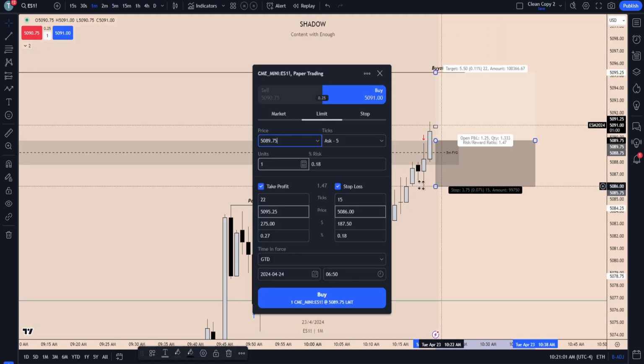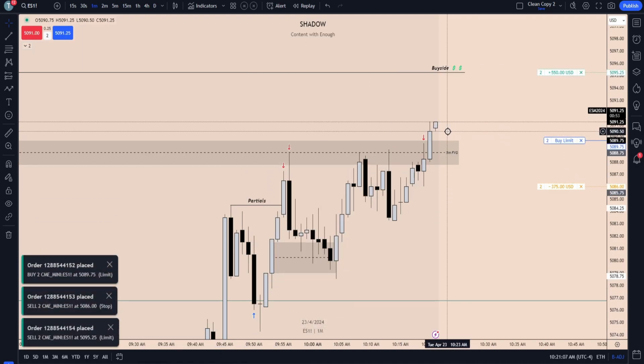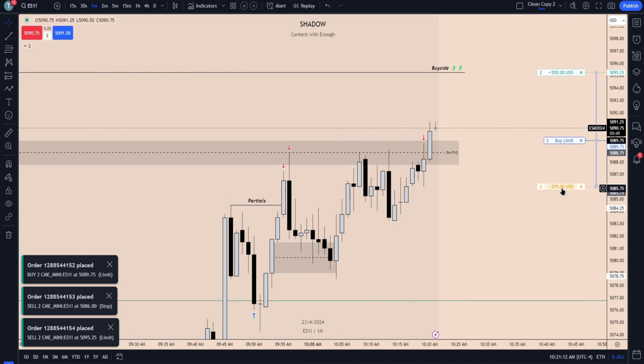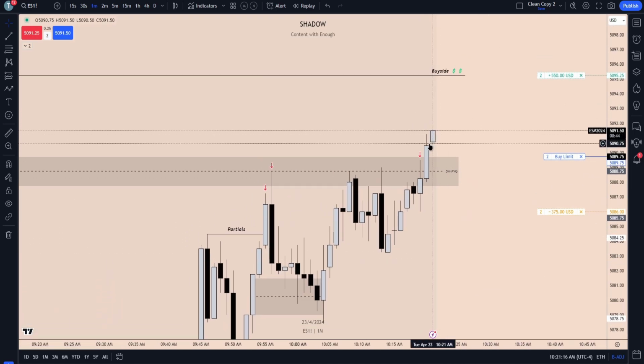So yeah, we'll give it this, boom. And we have a volume imbalance. So honestly, we should have used that right there. We'll see if the volume imbalance can wick into that though. Because that volume imbalance entry right there may be the entry we needed to take. Let's see.